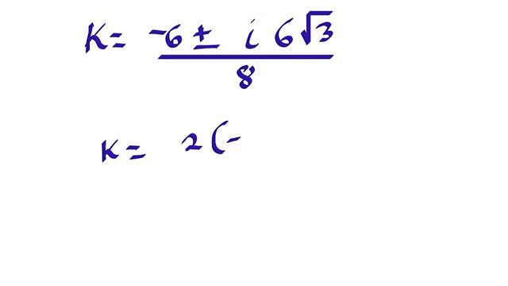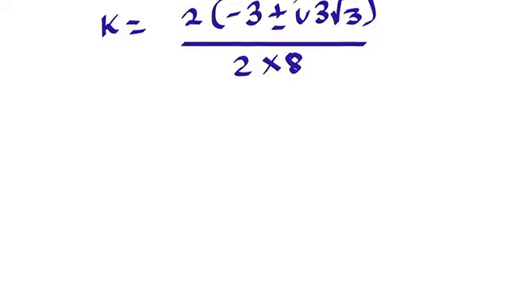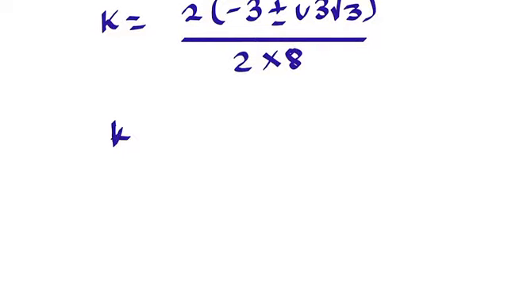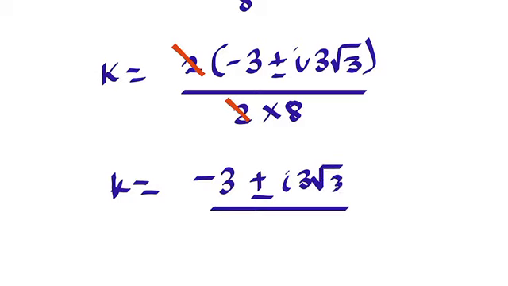So I'm going to have minus 3 plus or minus i 3 root 3, divided by 2 times 8. The 2 will cancel, so we are going to have minus 3 plus or minus i 3 root 3, divided by 4, because 2 times 4 gives us 8.